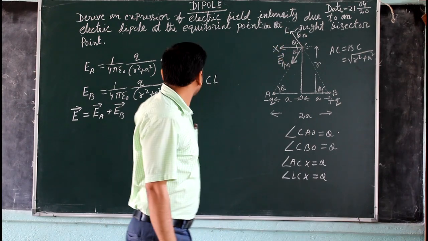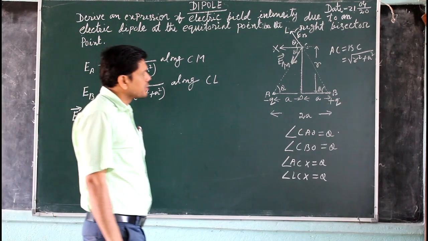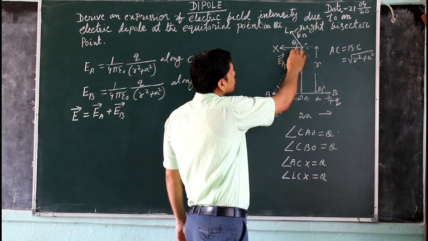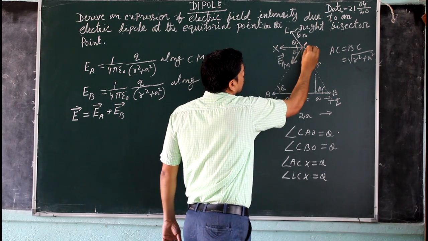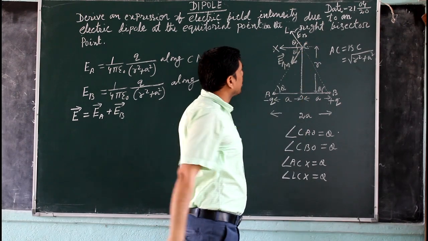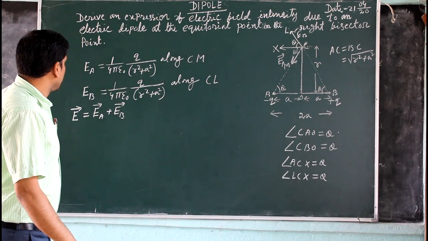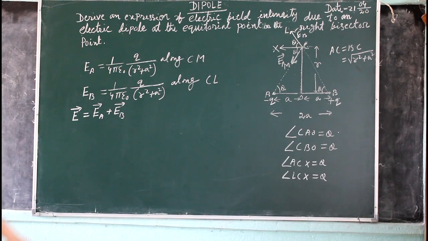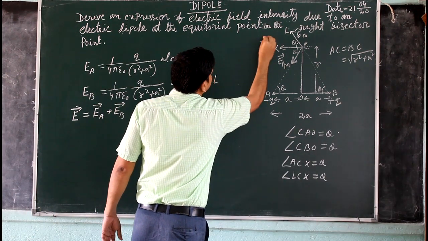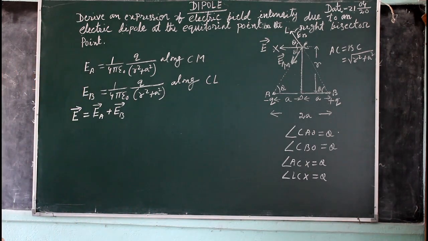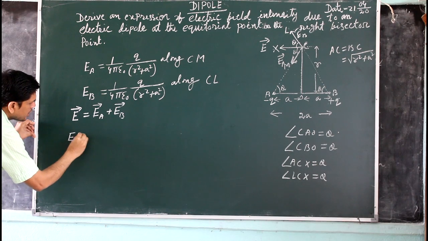As the magnitudes of both electric fields are the same, the resultant electric field will be along this direction, CX, making the same angle theta with each electric field. Here we have already considered the resultant electric field E. So how do we find the magnitude of the electric field?